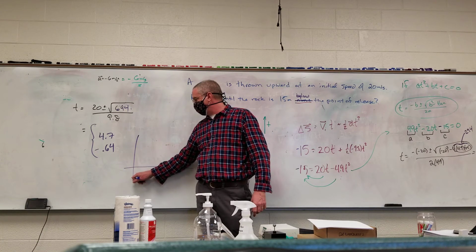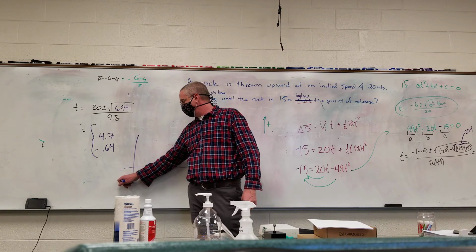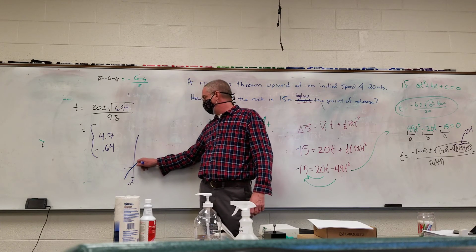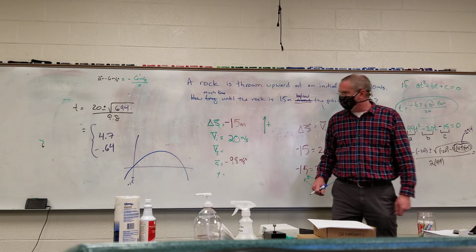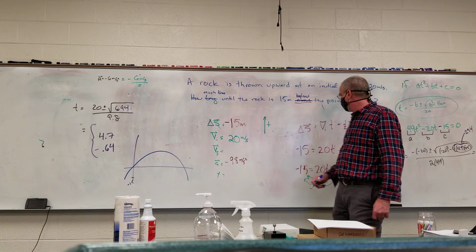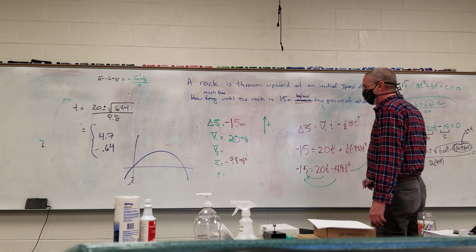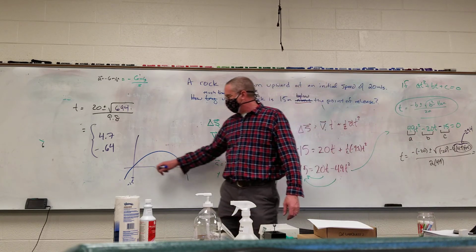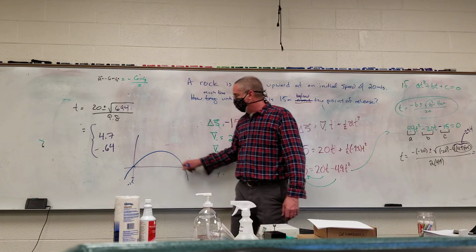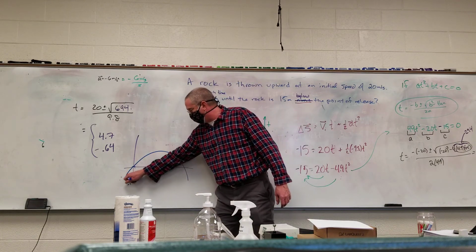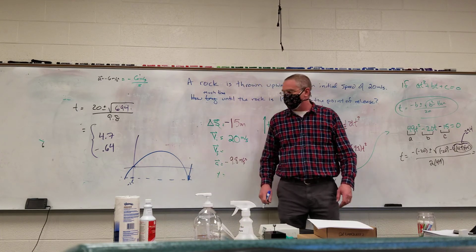So if this is negative 15 down here, it depends on what point I want to solve it. So we have our starting point right here, and the object is being thrown. And the question is, at what time is it at negative 15? Well, negative 15 is there, so that's the 4.7 seconds right there.